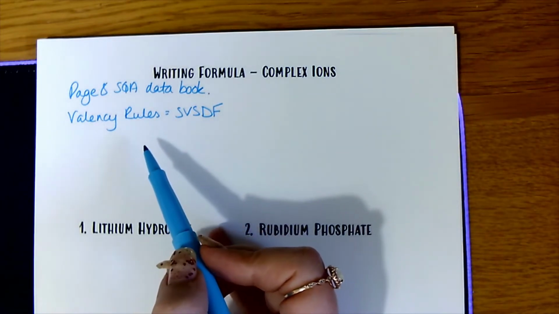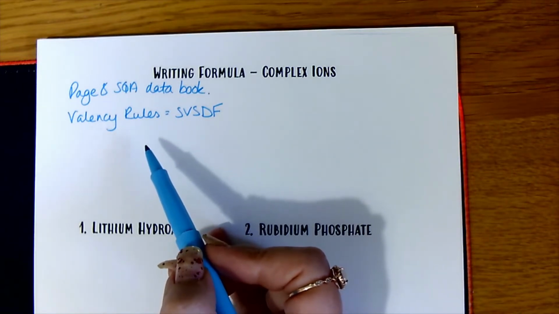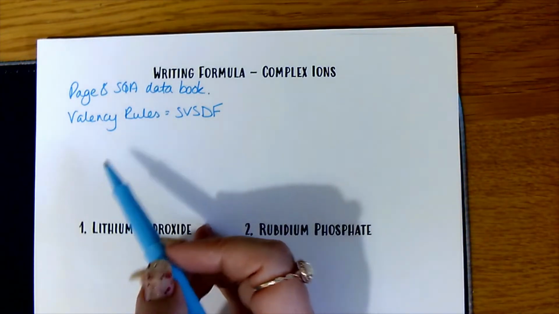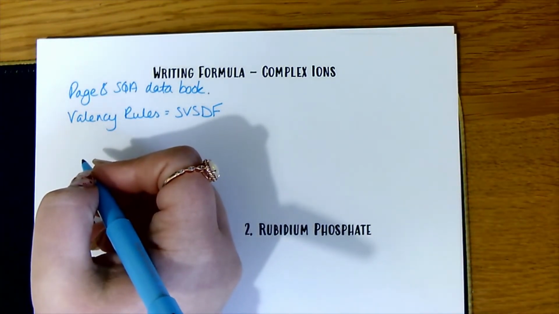The valency of main group elements comes from the number of unpaired outer electrons they have. However, the valency of complex ions is given by the magnitude, i.e. the number, of the charge.